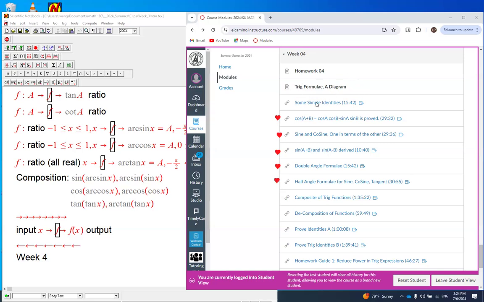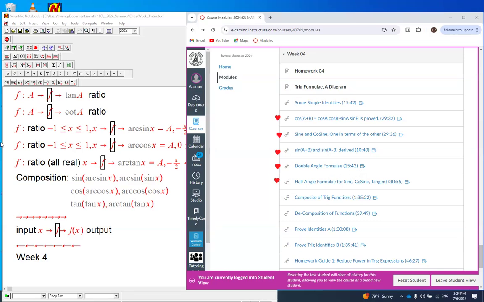It's related to the trig formula deriving and some simple identities. It's a very short video, but all of these 5 lessons are about deriving the formulas, and I basically hold your hands to go through those steps. So when you watch those lessons, I recommend you do it alongside the lessons.